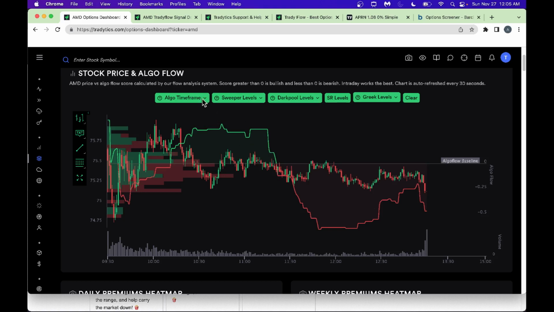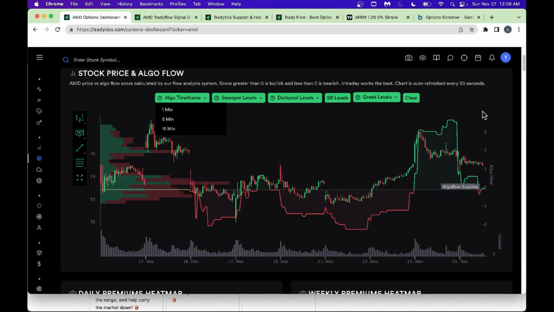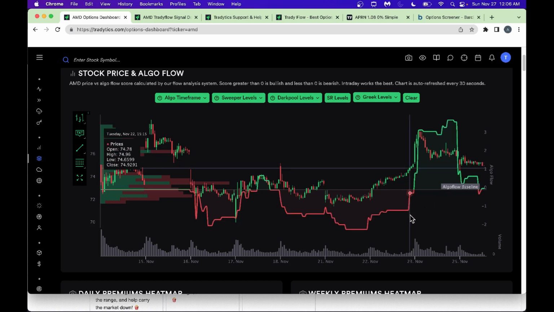You could also click on this and increase the timeline, maybe 15 minutes here. And look, we got a nice 15 minutes here, and as you see here, from an algo flow perspective, it's a net of calls and puts. It's slightly in the positive, but it came down. As you can see here, it's slightly in the positive from an algo flow perspective.